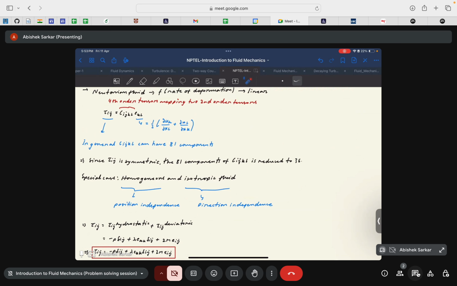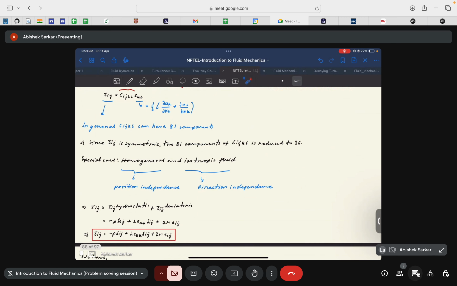I am skipping a lot of steps, in fact all the steps, and leaving it to you as an exercise.